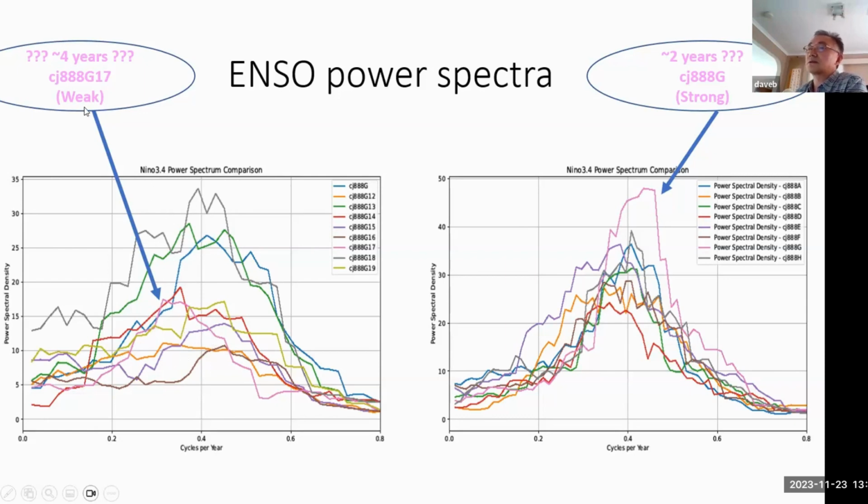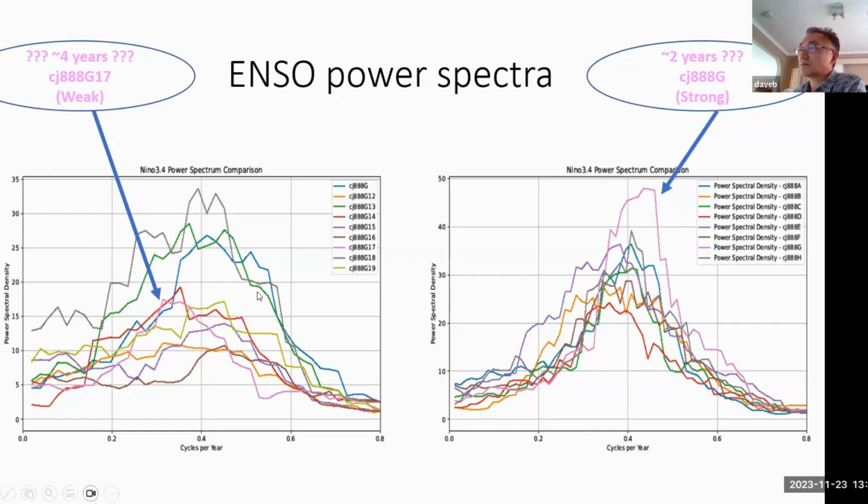So G17 is pretty good, a big improvement over the ENSO life cycle, and we like that. That's why we stopped all the other ones and kept this one going. It's only 100-year results from this slide here. We want to extend for another 100 years to see if anything changes from this good performance.